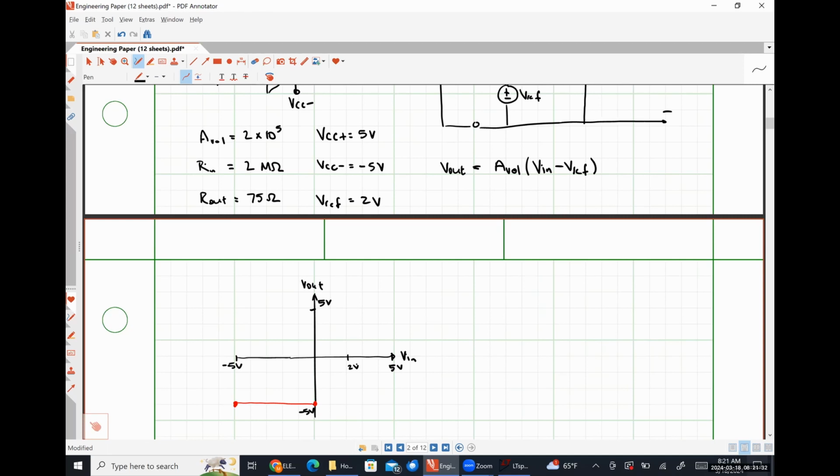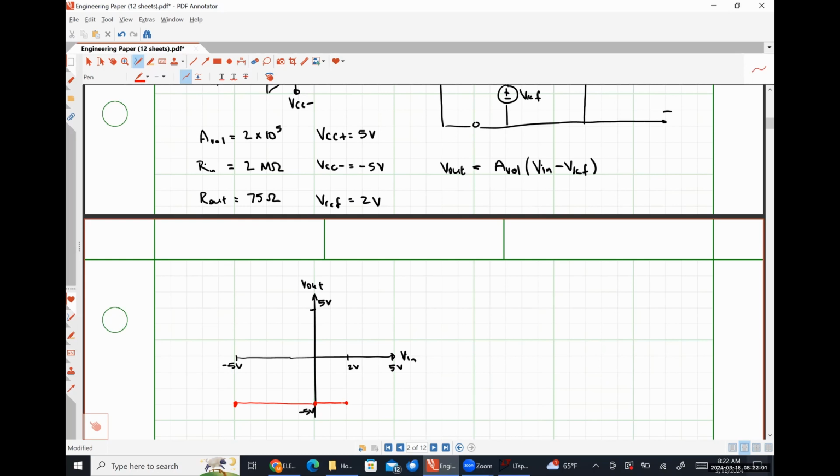So realistically, anything below 2 volts, even if it's only a few millivolts below 2 volts, is still going to bring us to an output voltage of -5 volts.